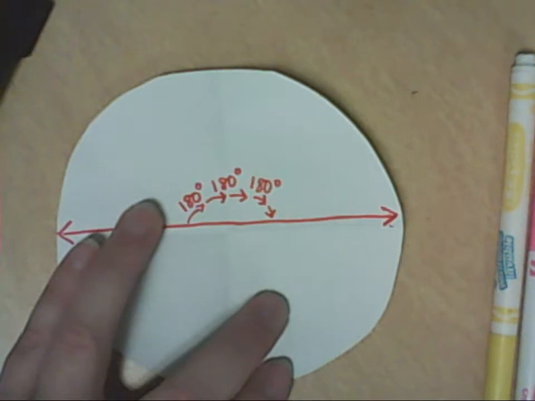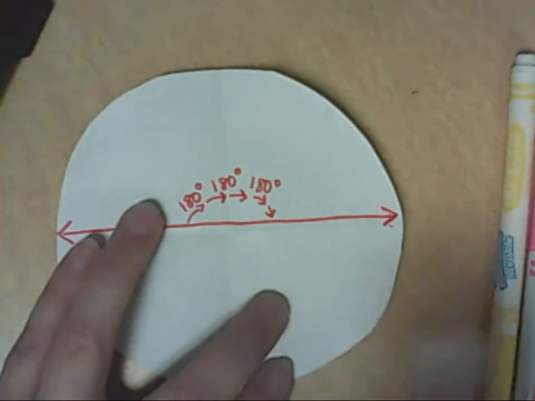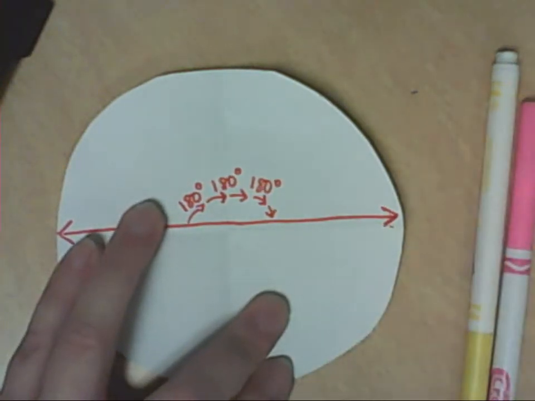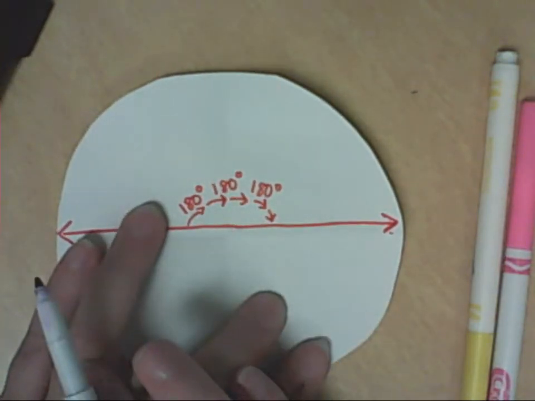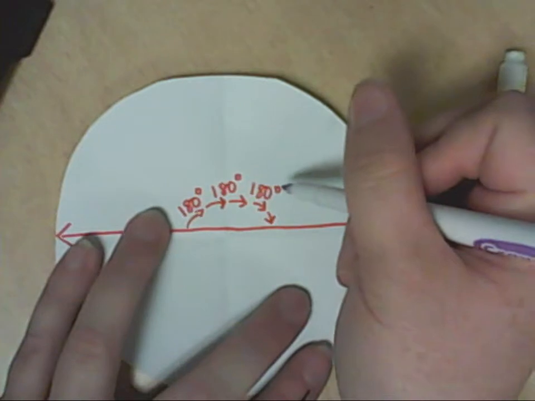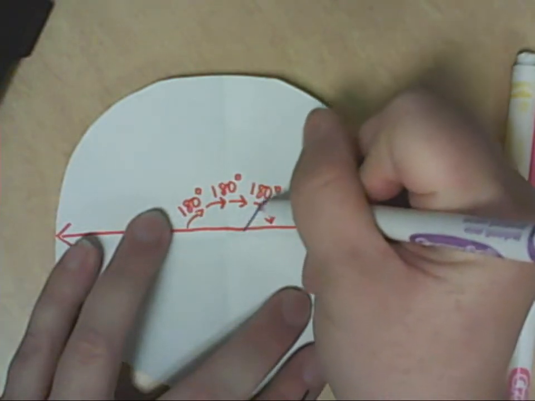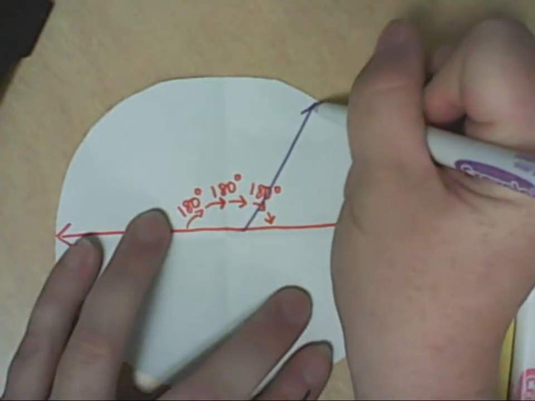Okay? Now, when we have two angles that add up to 180, we call those supplementary angles. So I'm going to make an angle here.